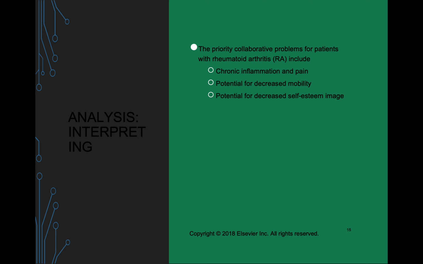So what are things that we can do to address that concern? Mobility and self-care issues. What are things we can do to address those concerns, and possibly a potential for decreased self-esteem and body image disturbances? So how can we address those things?